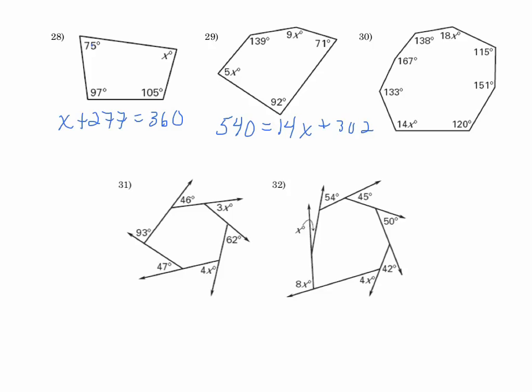In this next diagram, we have 1, 2, 3, 4, 5, 6, 7, 8 angles. So this is an octagon, and we know from our earlier work that an octagon is made up of 6 triangles, because it's an 8-sided figure, and 6 times 180 is 1080.